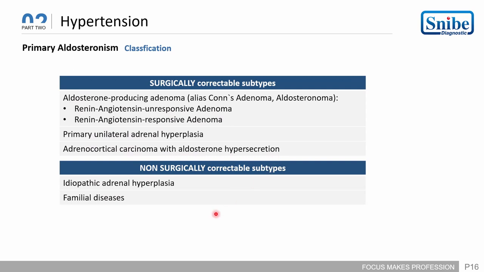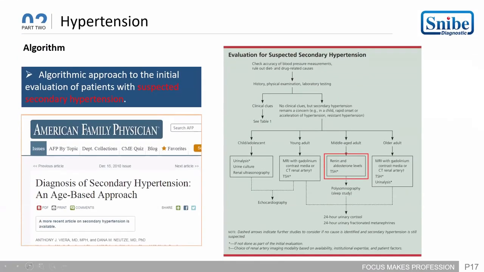The non-surgically correctable subtypes are idiopathic adrenal hyperplasia and familial disease. These are the classification of primary aldosteronism.